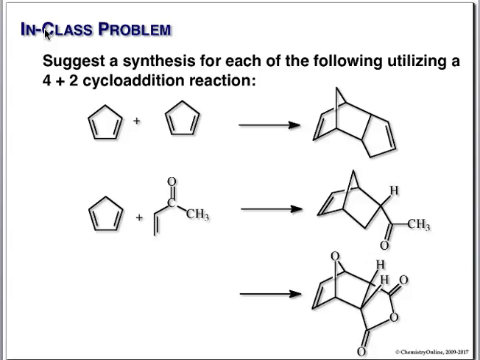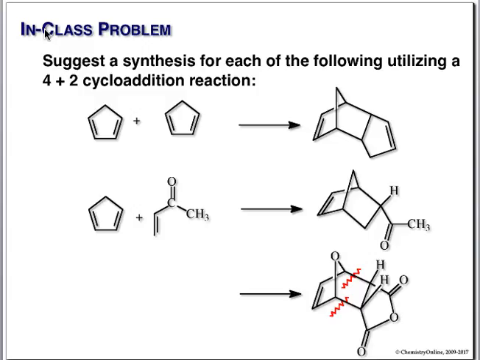These 2 were the carbons. These 2 were the bonds that we made. Now, our dienophile had 1, 2, 3, 4 carbons, an oxygen, and 2 of these are carbonyls.